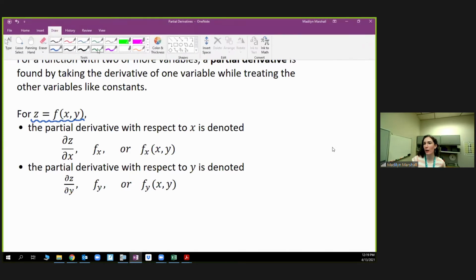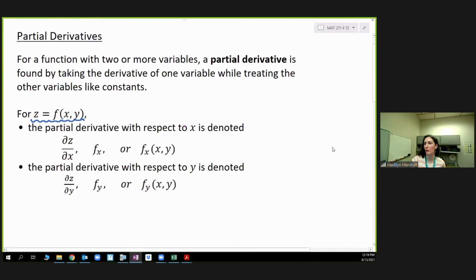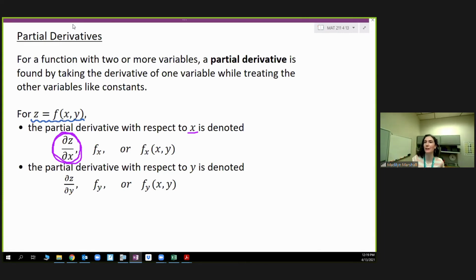If we are doing the partial derivative with respect to x, there are 2 ways we can write that. This is still read dz dx. So it's still read the same way we would read a regular derivative with a dy dx or something like that. But we have to use this weird looking d to show that this is a partial derivative rather than a regular derivative.